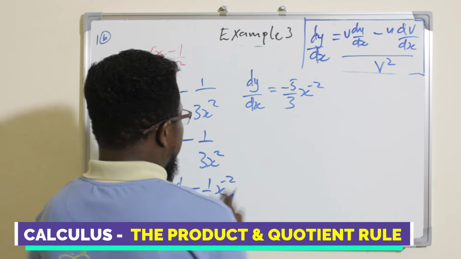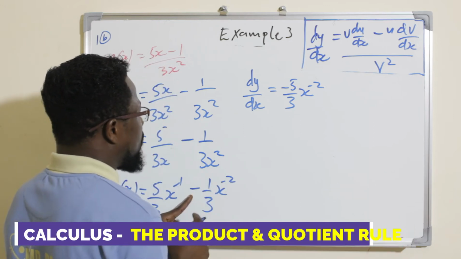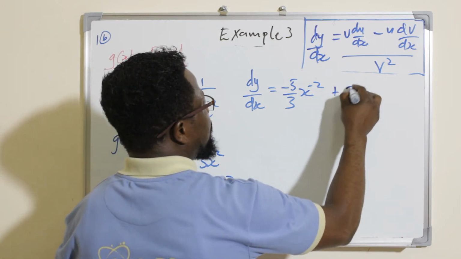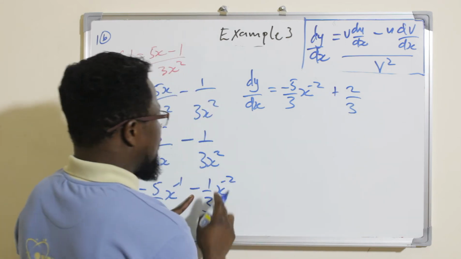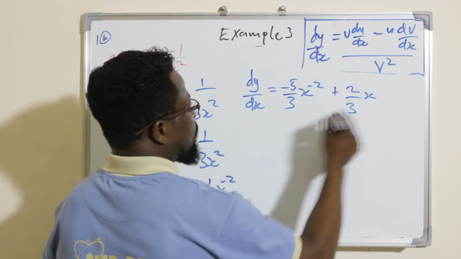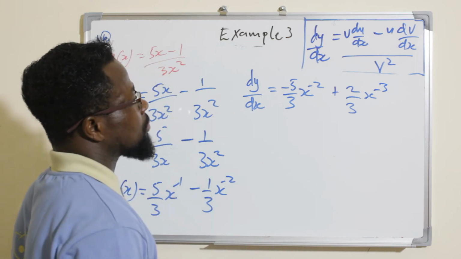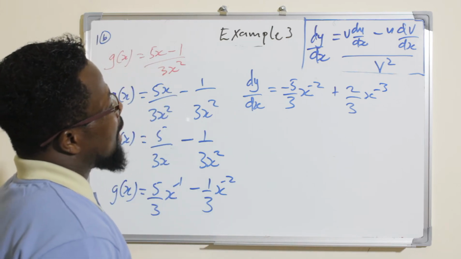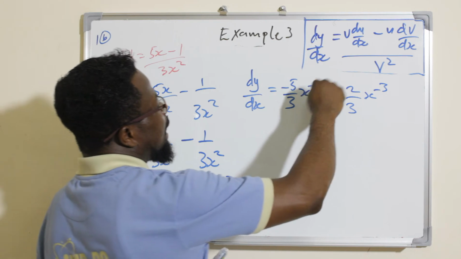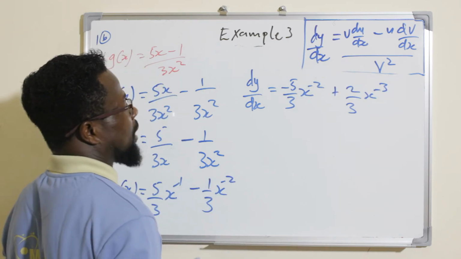And from here again, I'm multiplying this by that as well. So I should have positive 2 over 3, and then x to the power of what? Negative 3. When I have this, I need to change the negative exponent into positive exponent.